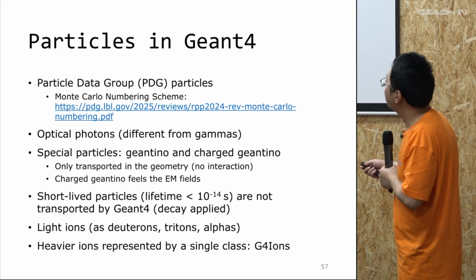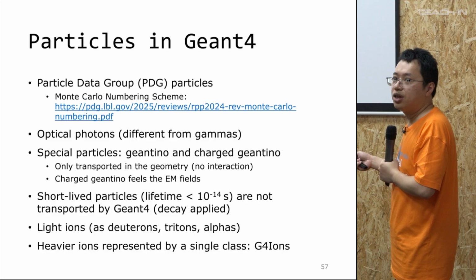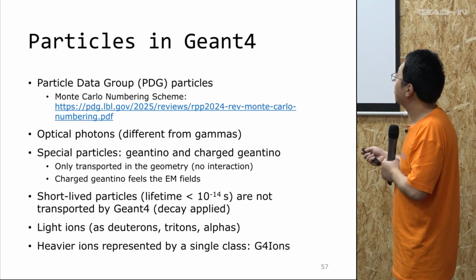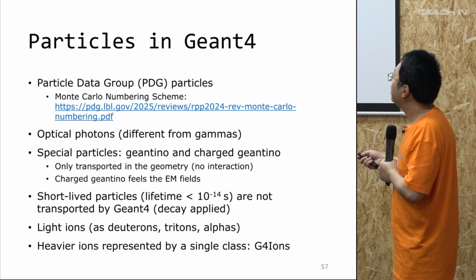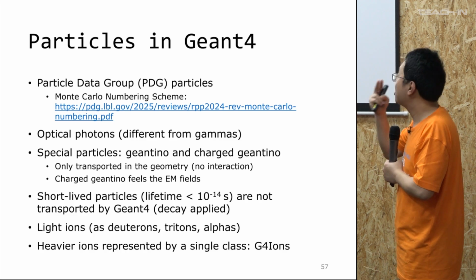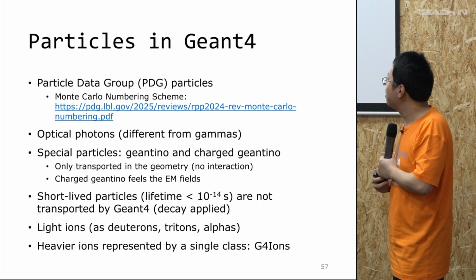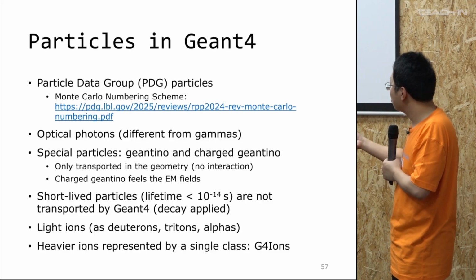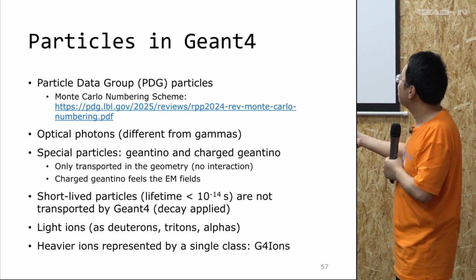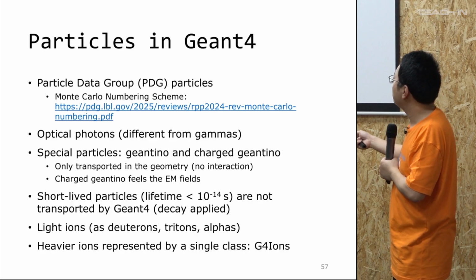For example, it defines the so-called optical photons. This is actually different from gammas, so you can think there are two different particles in Geant4. Also in Geant4, there are some special particles called the Geantino. So you have the neutral or charged Geantino.